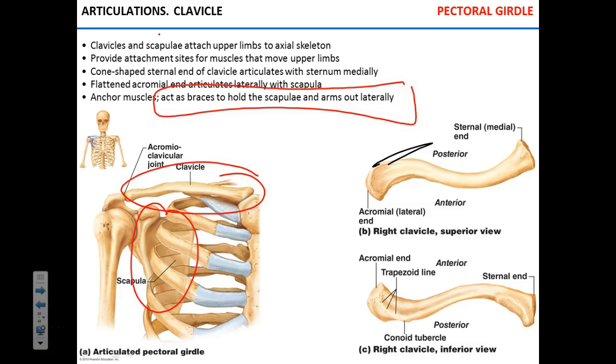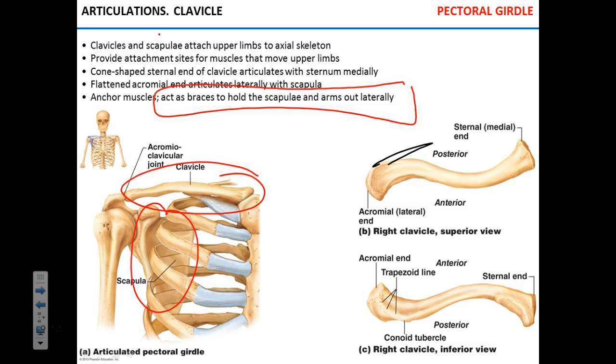Now, if you look at the clavicular bone, the clavicle, I don't know if I have one. Oh no, I do have. So this is the clavicle. The clavicle has two very distinct ends.